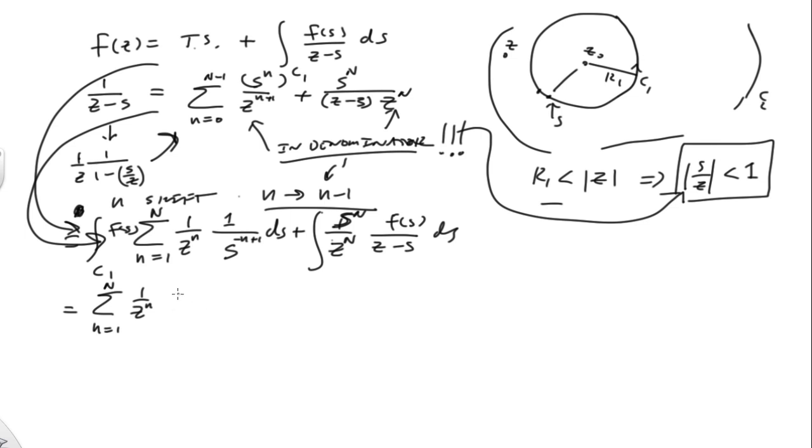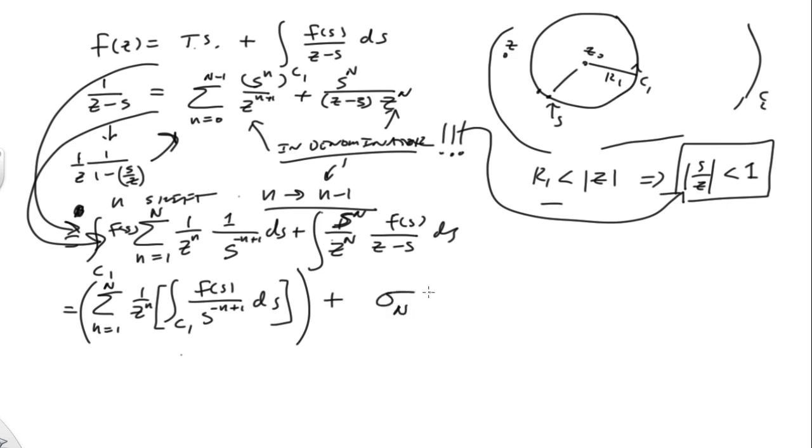And then we have inside here the integral over c1 of f of s times s to the negative n plus 1 power, ds. And that is now a coefficient attached to that sum. And then we're going to have this term here, which I'm just going to call sigma n of z, okay? And this again is our error term.